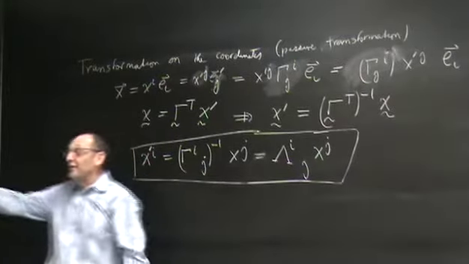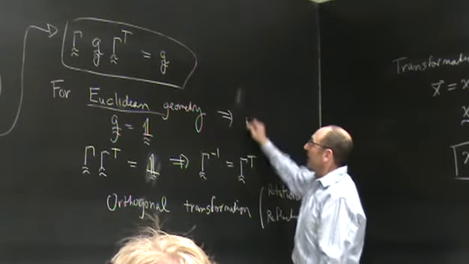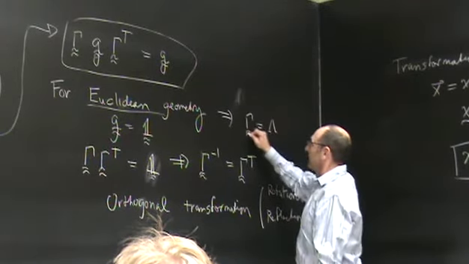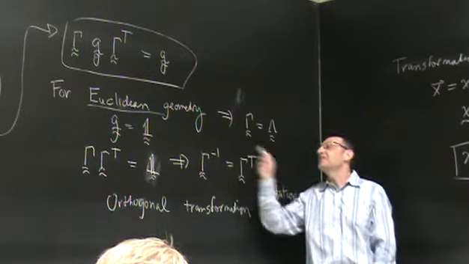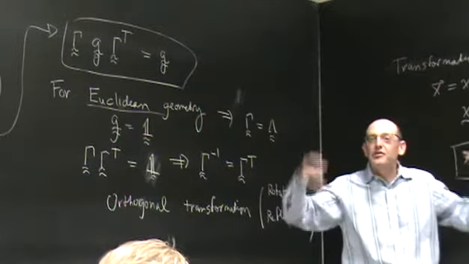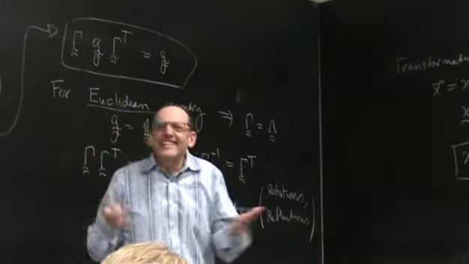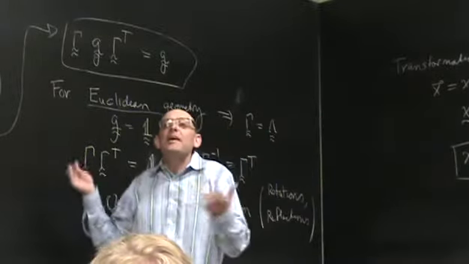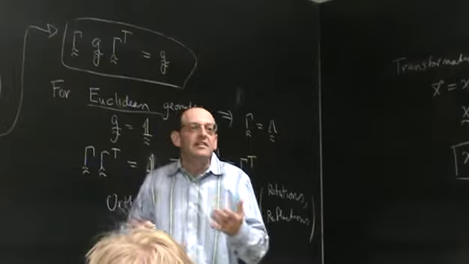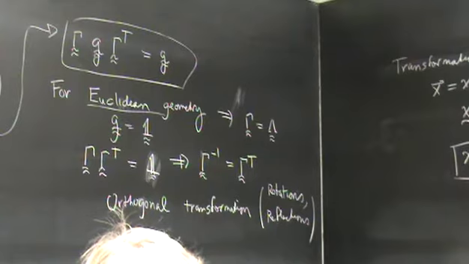However, for Euclidean geometry, gamma equals lambda, because the inverse transpose gives you back the matrix again. So there's no distinction. That's why this seems so strange, what the heck is this? We never do this in vector algebra. What are you telling me about inverse transpose? Because it doesn't make a difference. We don't make this distinction in Euclidean geometry because there is none.